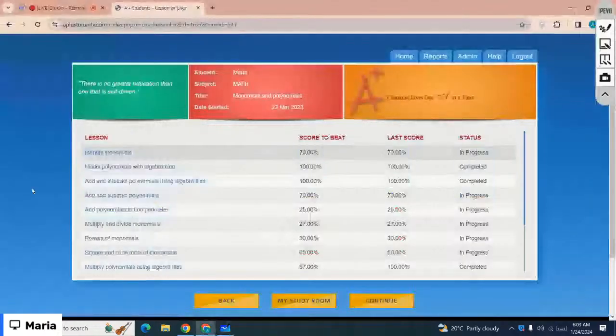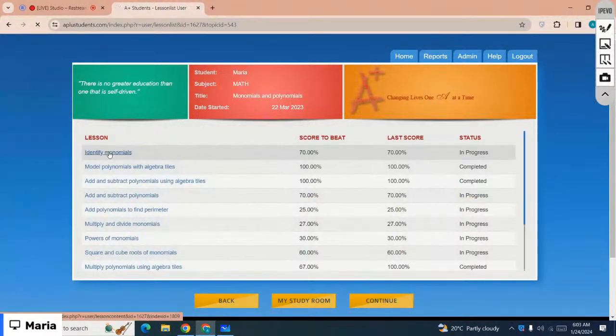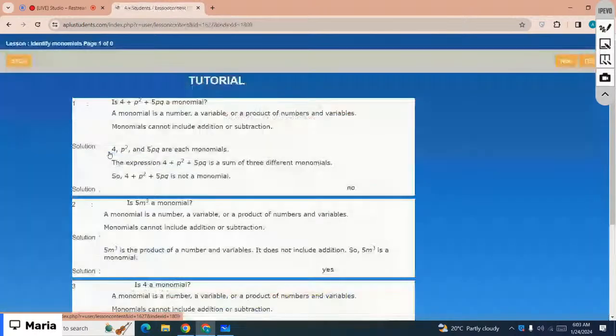So here I am on grade 8 math. Chapter name is monomials and polynomials. The lesson we're going to start with is identify monomials. Okay, the first example is: is 4p square plus 5pq a monomial? So what is a monomial?